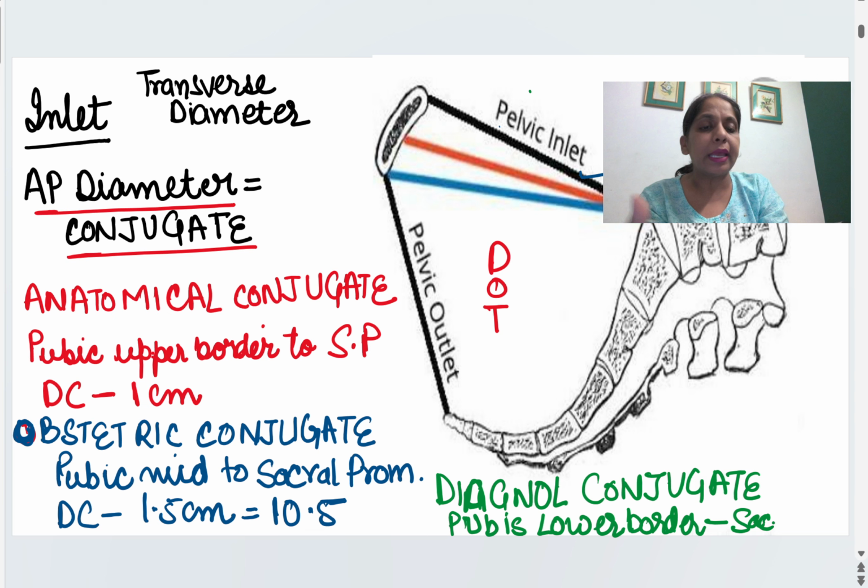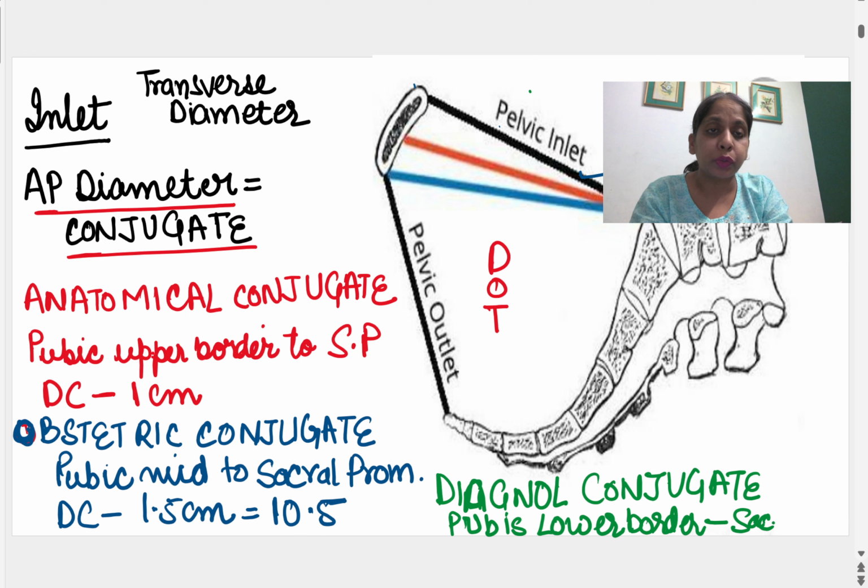As you know, every plane has anteroposterior and transverse diameters. Here we are talking about the anteroposterior diameter of the inlet because they are important. The anatomical anteroposterior diameter is known as the anatomical conjugate.